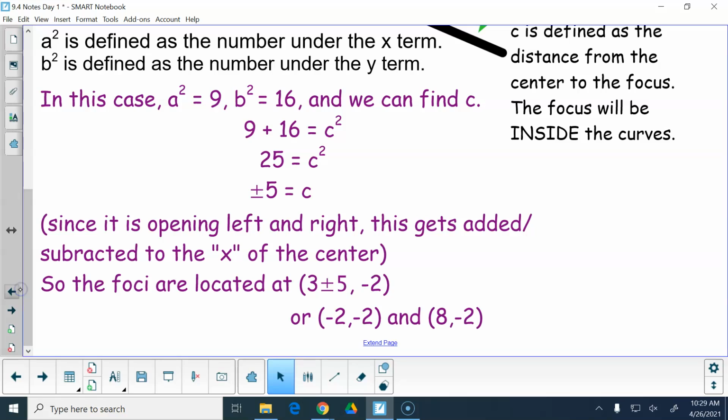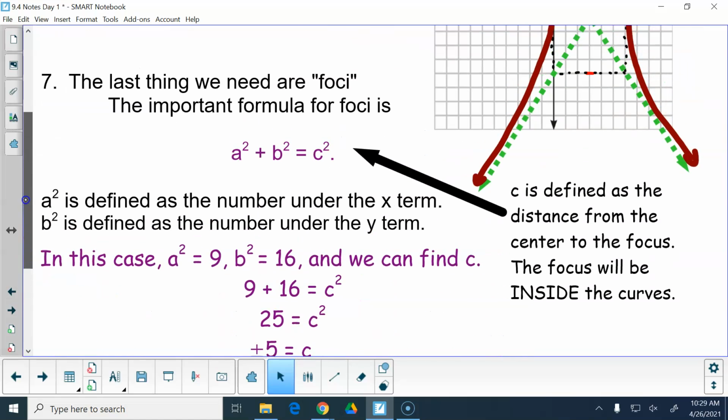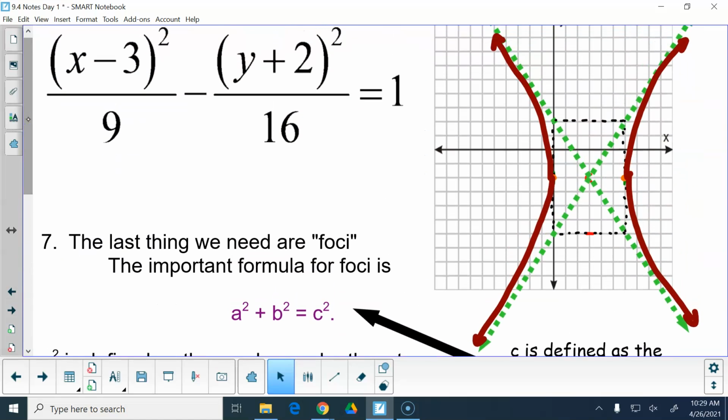So the two foci are located at 3 plus or minus 5, comma, negative 2, because our center was at 3, comma, negative 2. So 3 plus 5 is 8. So one focus is at 8, comma, negative 2. And the other one, 3 minus 5, is at negative 2, negative 2.